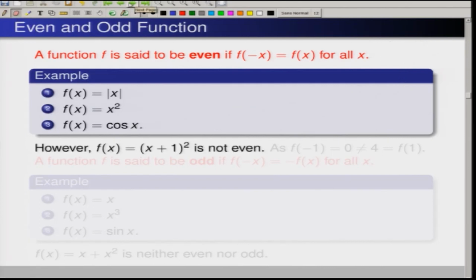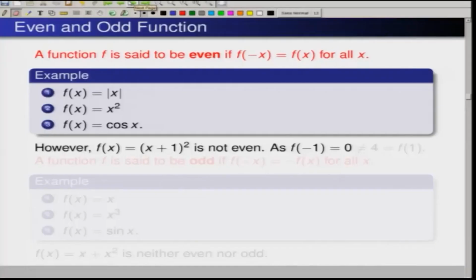However, if you look at f of x equal to x plus 1 whole square, this is not an even function. Even means f of minus x is equal to f of x, that means it is symmetric around the y axis.